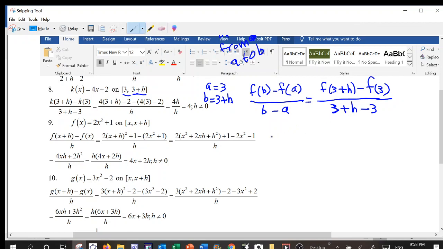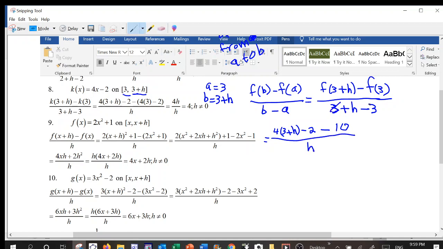The numerator is going to be f of 3 plus h, which is 4 times the input minus 2, and the input is 3 plus h. And then minus f of 3. Now f of 3 is 4 times 3, which is 12, minus 2, which is 10. So you just put 10 there. And the denominator is just h.